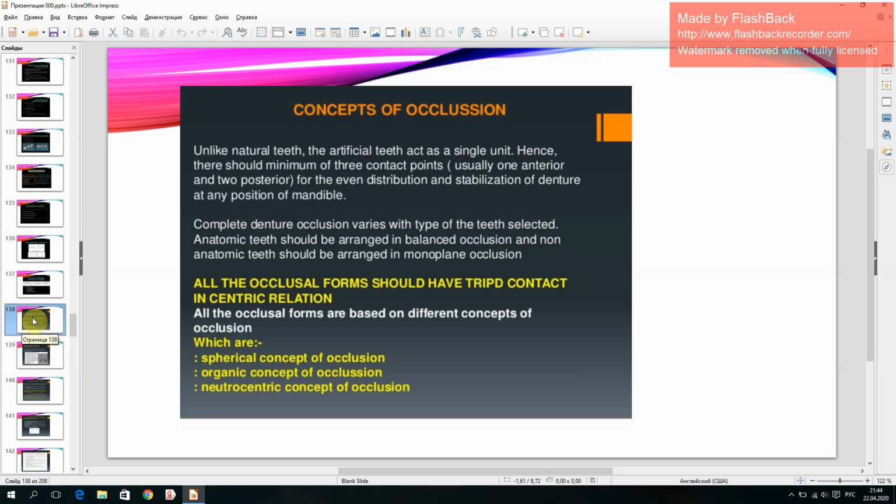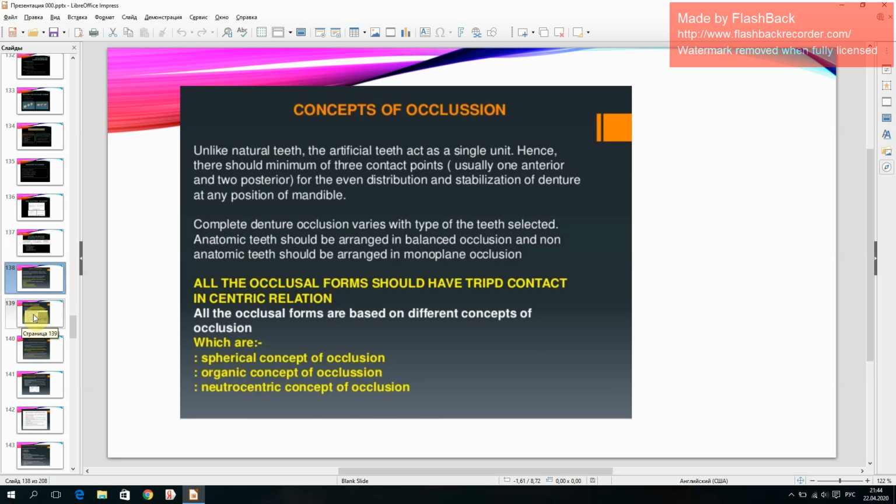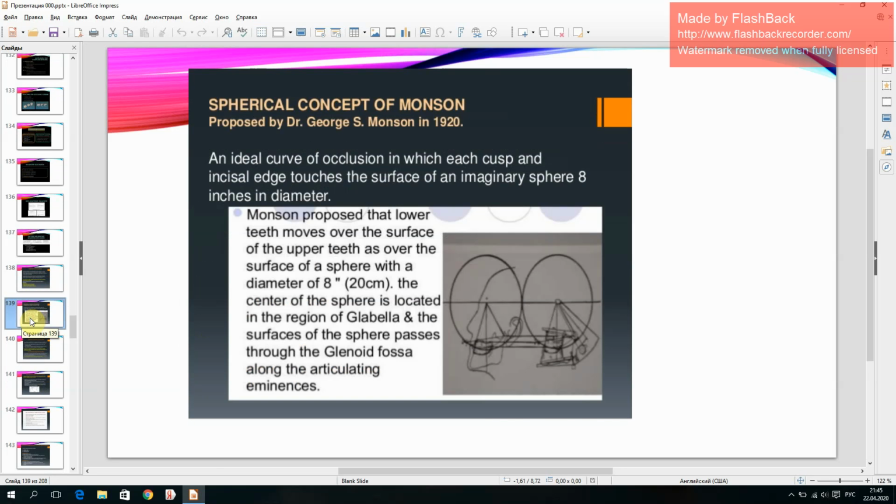All the occlusal forms are based on different concepts of occlusion, which are the spherical concept of occlusion, the organic concept of occlusion, and the neurocentric concept of occlusion. The spherical concept of occlusion was presented by Monson in 1920.